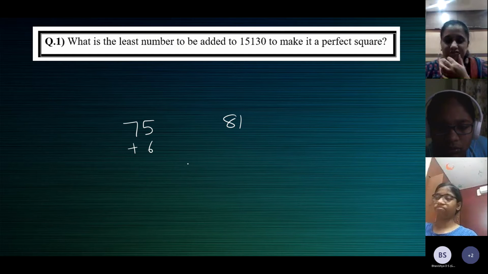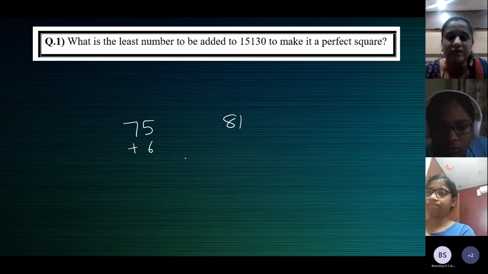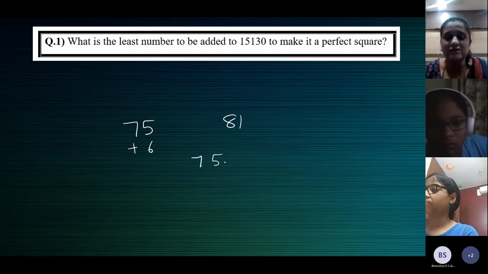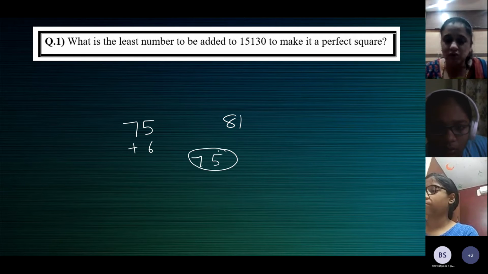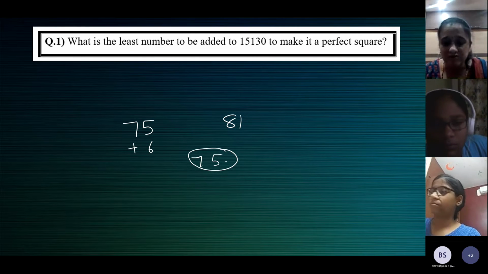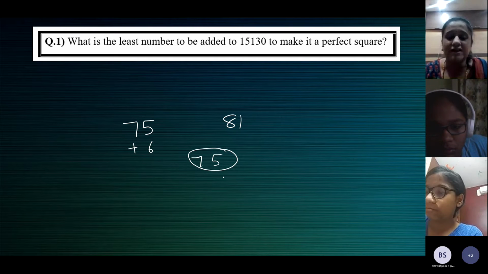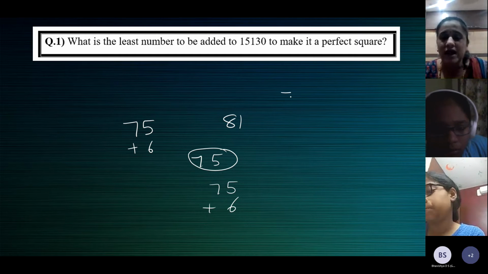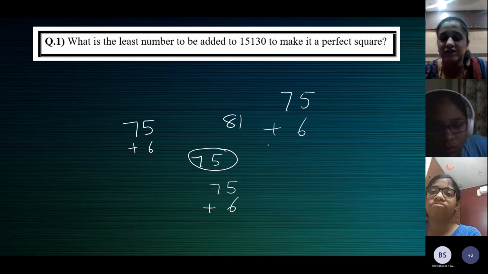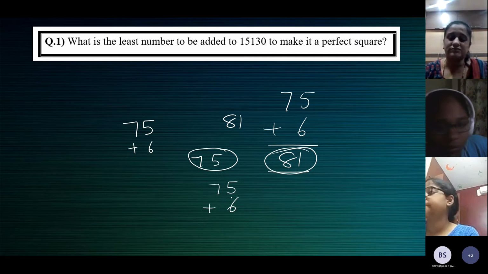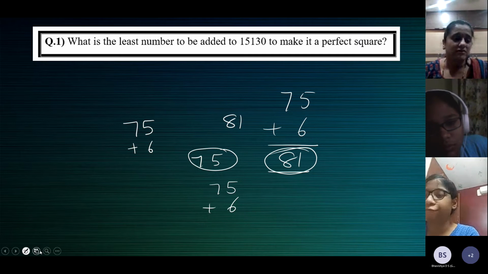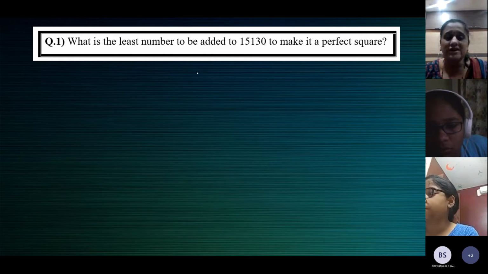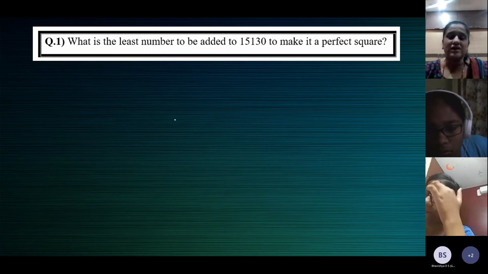So the answer is 6, because when you add 6 to 75, the sum is 81 and 81 is a perfect square. But this we cannot guess when the number is large.